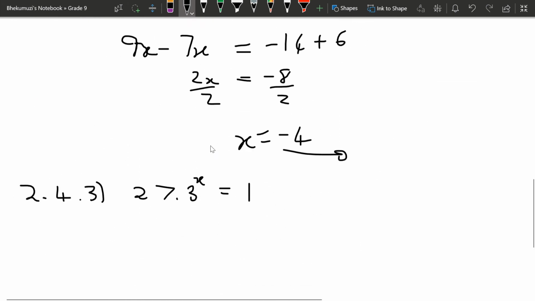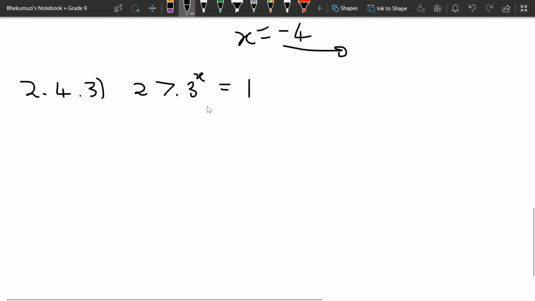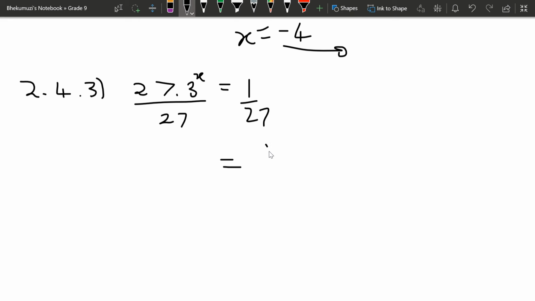So now there are actually multiple ways in which you can find this, but the easiest way by far is dividing by 27 on this side and the other side as well, and then on the one side, you'll be left with 1 over 27, right? So 1 over 27, and you'll be left with 3 to the power x.